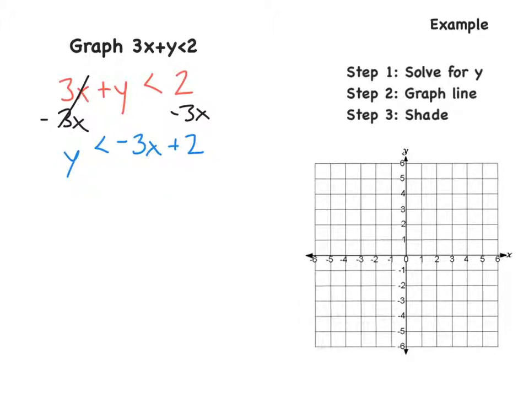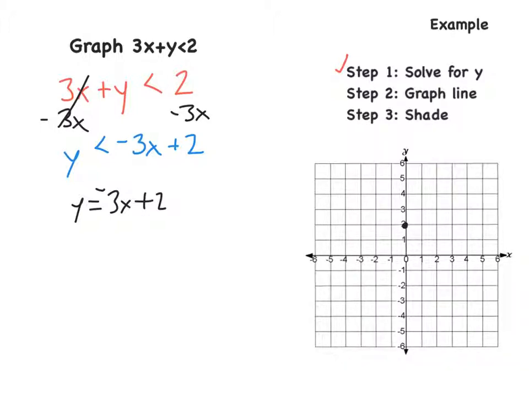The next step, after we did step 1, step 2, graph this line. So think of this just like an equal sign. I want to graph y is equal to negative 3x plus 2. So it's crossing on the y-axis at 2.